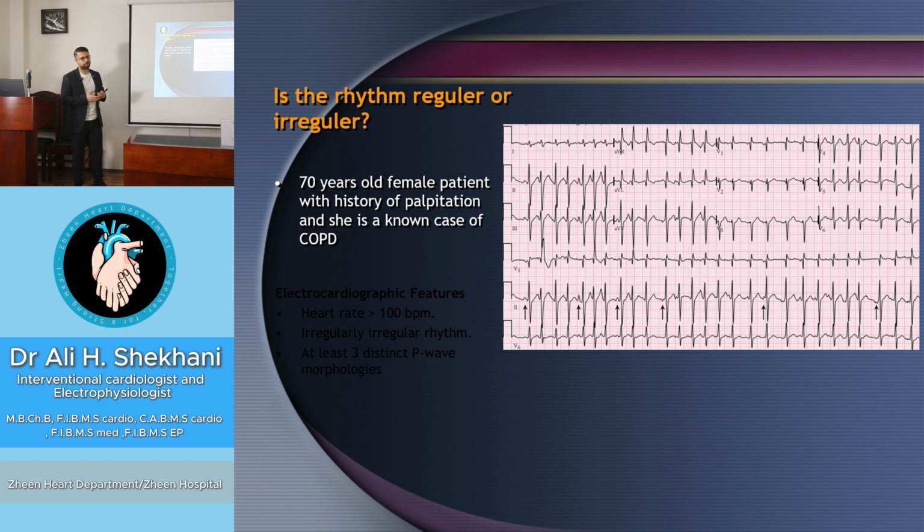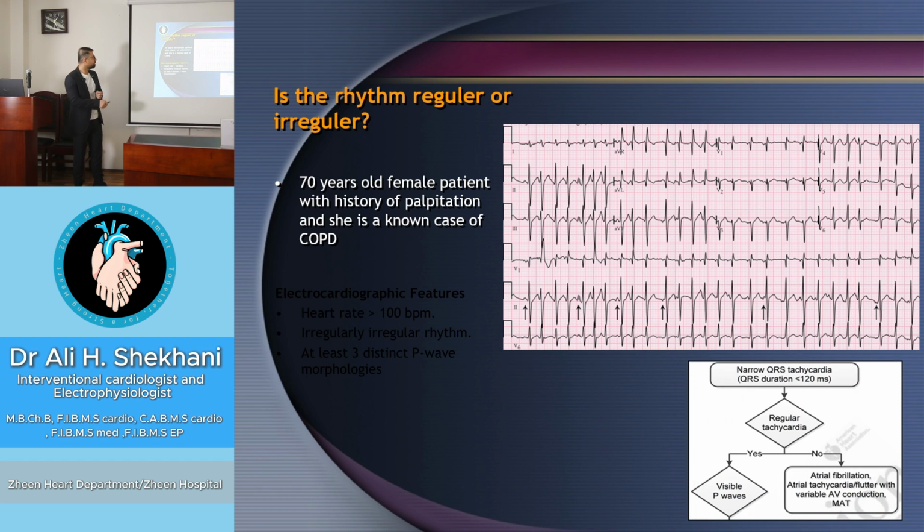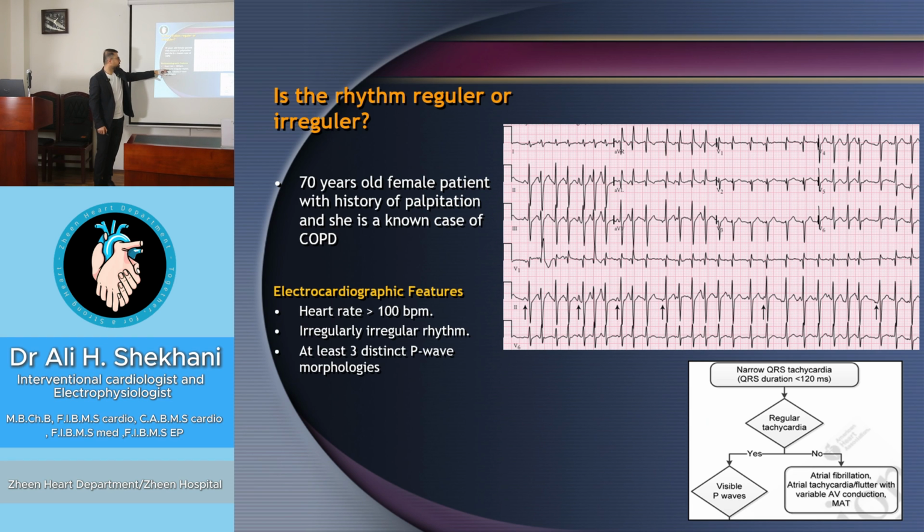It's characterized by irregular rhythm, similar to AFib, but there is P wave. Irregular, but at least 3 distinct P wave morphologies. So in this patient, you have to correct the underlying cause of hypoxia like COPD, and at the same time, you have to give a drug that controls the heart rate.